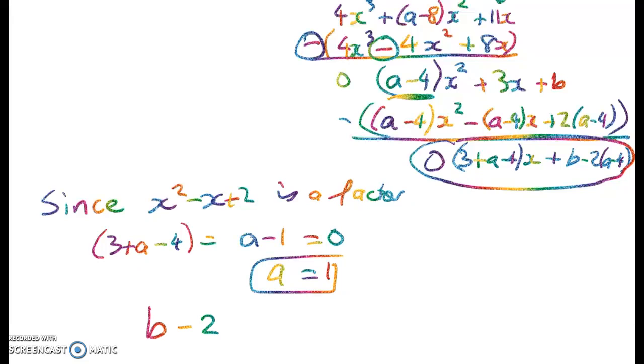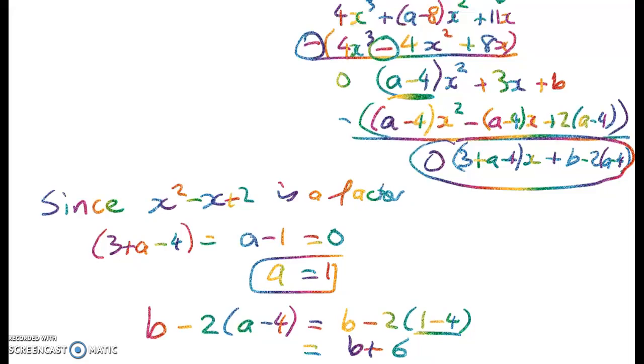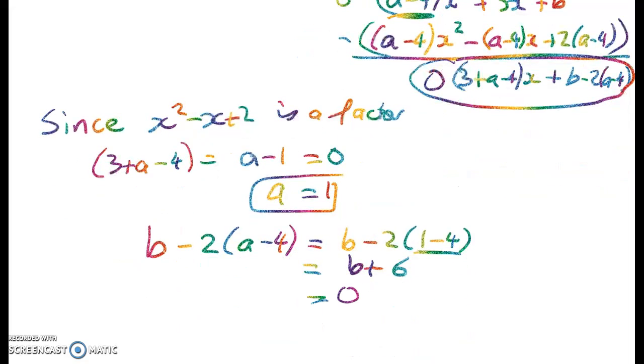B minus 2 a minus 4 is equal to b minus 2 times 1 minus 4, and so on. So we get b minus 2 times negative 3, so b plus 6, and that has to equal 0 as well, right? Because this whole remainder has got to equal 0, which means that the coefficient on x has got to be 0 and the constant's got to be 0. So we get b equals negative 6, right?